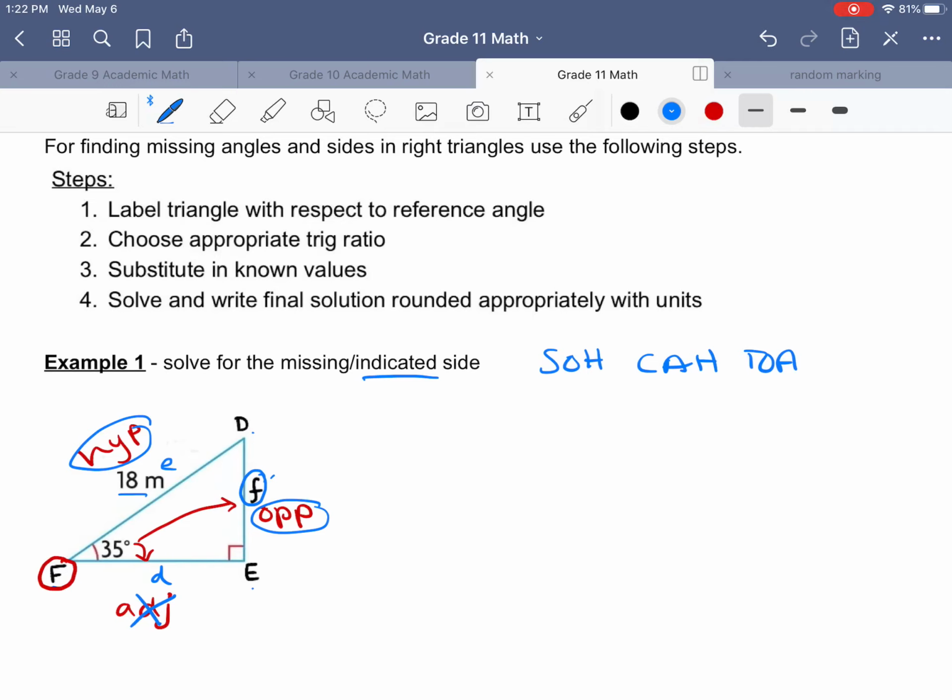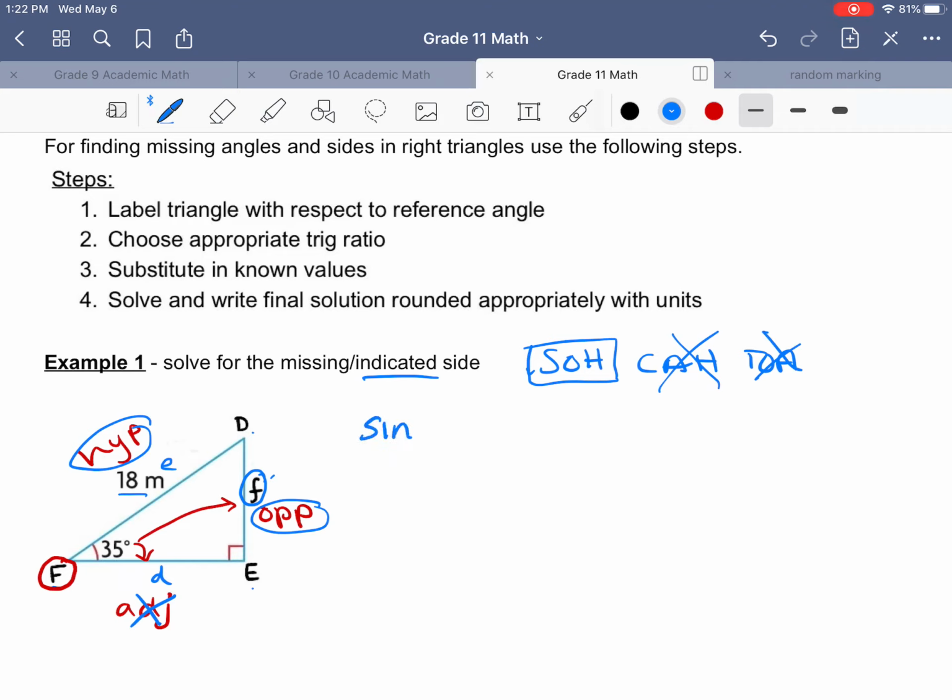And so that means we are going to be using the primary trig ratio that has sine in it. We're going to be using SO because it doesn't have the adjacent, and the other two have that adjacent. So we're not using either of those other ones. We want to start out just by writing down a formula.